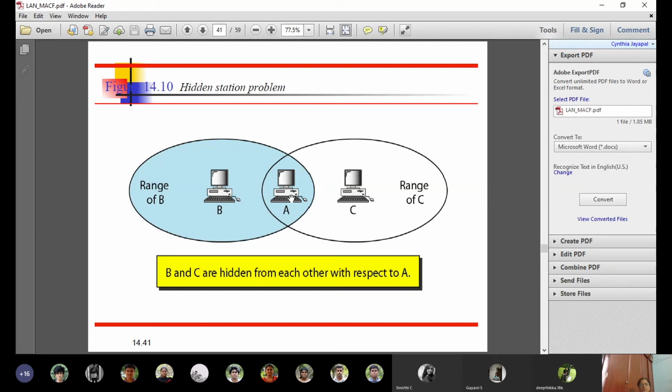The hidden station problem is when two hidden stations, in this case B and C, transmit at the same time, it leads to collision, because C is out of range of B and cannot detect B's transmission.